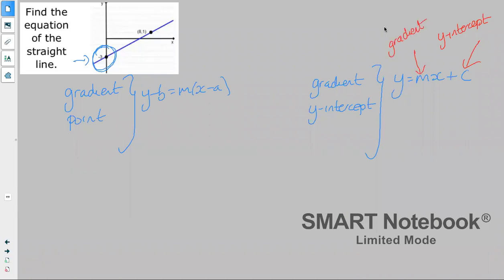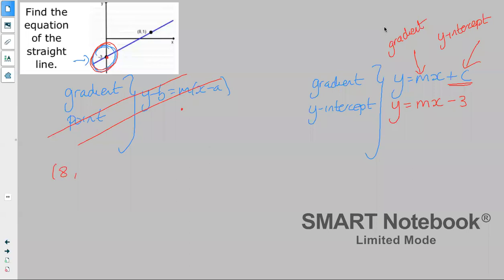So before I even work anything out, I can write y equals mx, and that c is where it cuts the y-axis, and you can see it cuts it in negative 3, so there I can write negative 3. So you don't need to use this formula because you can see where it cuts the y-axis. If you did use this formula, it would still work, but you're just giving yourself a bit more work.